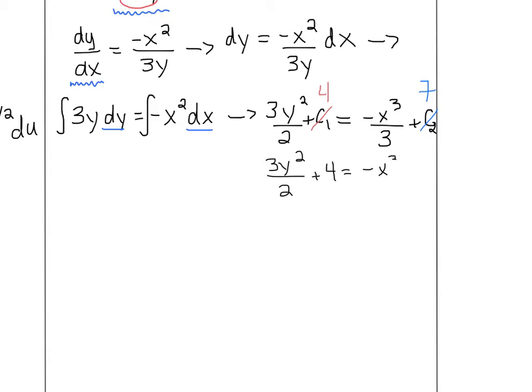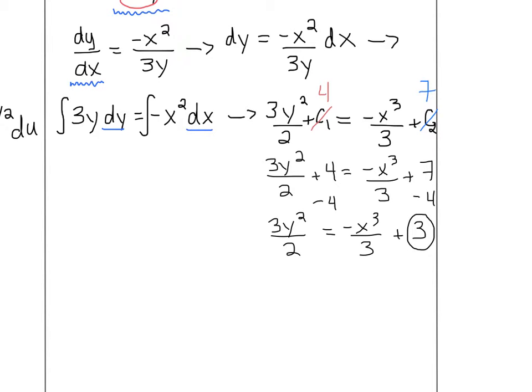There's no way we could know this right now. Plus 7. So let's suppose that those were the constants of integration on each side. Well, I could very easily just subtract 4 from both sides, and then say 3y squared over 2 equals negative x cubed over 3 plus 3. And look, what am I left with? Just one single constant on the right.